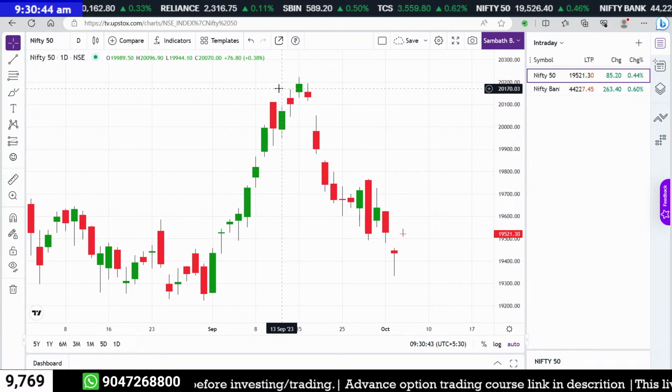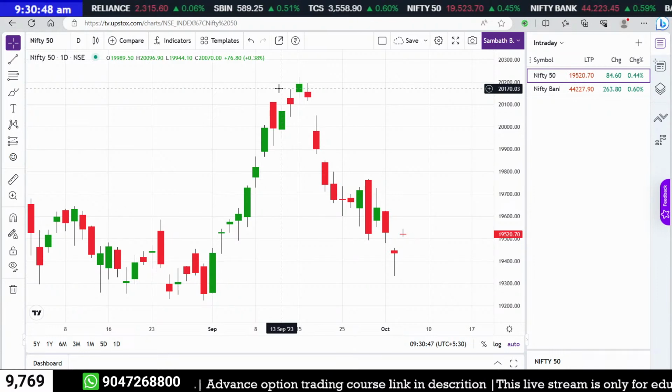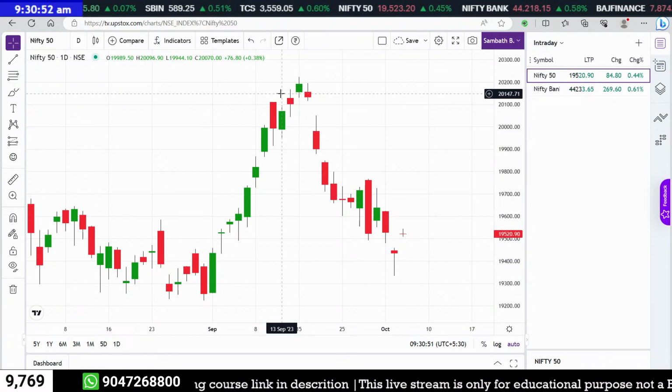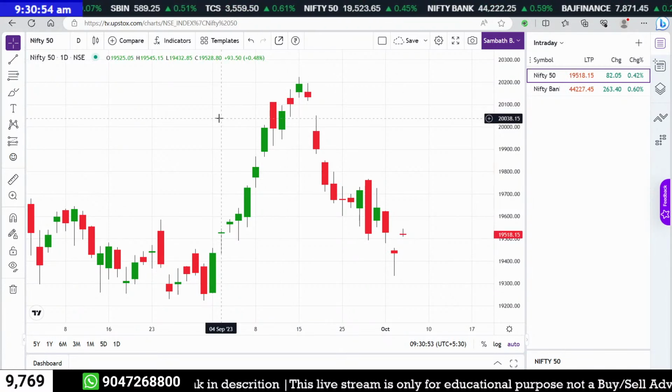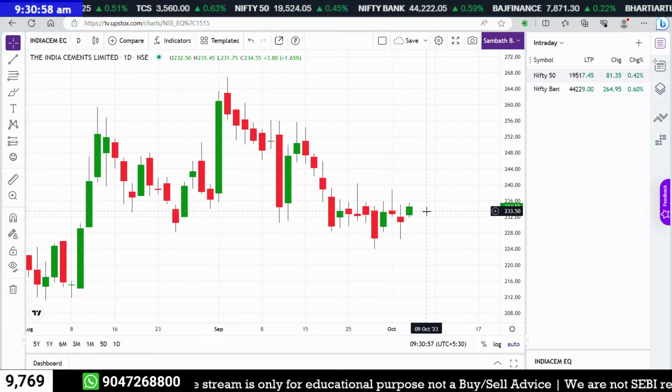Maybe on expiry day, a big move can be expected. So it means this is a candle.